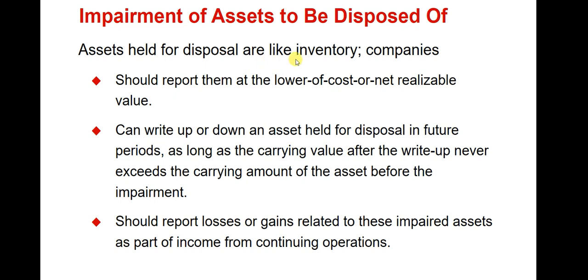However, if it's assets held for disposal like inventory, we're reporting them at lower of cost or net realizable value, and you can write them up or down. However, I'm going to stick with the fixed asset part because this is the fixed asset chapter, not the inventory chapter.